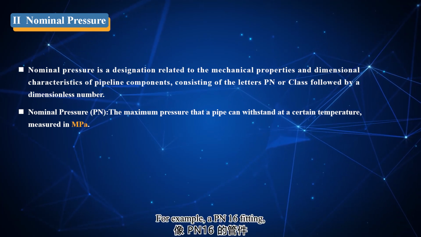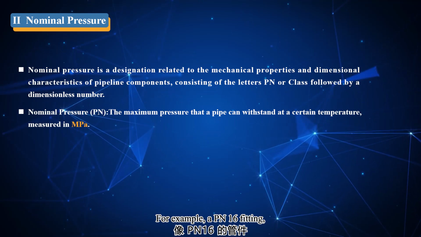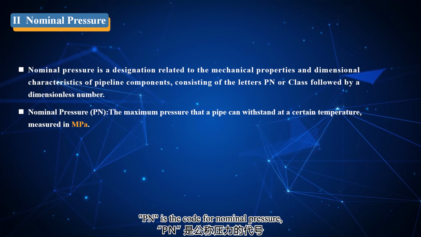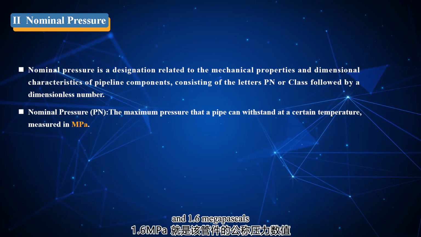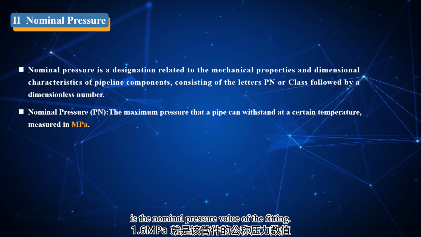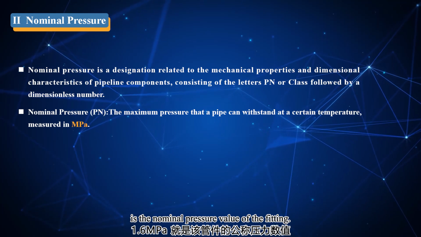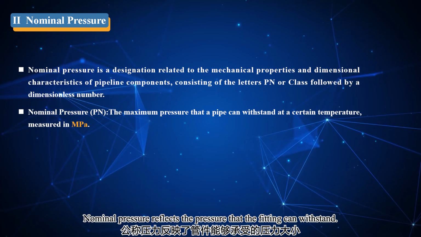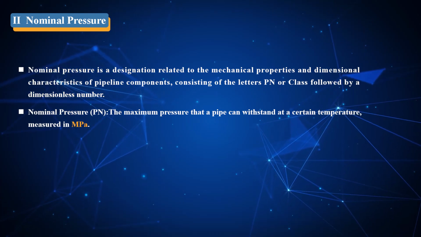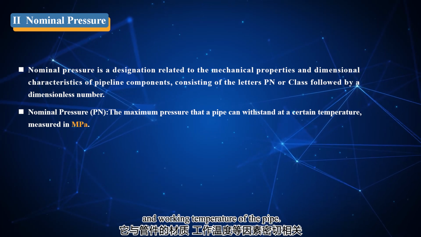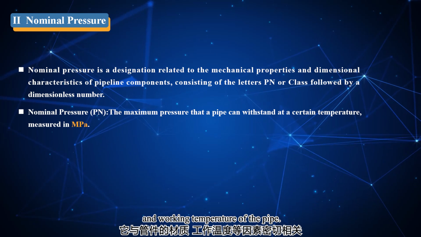For example, for a PN16 fitting, PN is the code for nominal pressure, and 1.6 megapascals is the nominal pressure value of the fitting. Nominal pressure reflects the pressure that the fitting can withstand, which is closely related to the material and working temperature of the pipe.